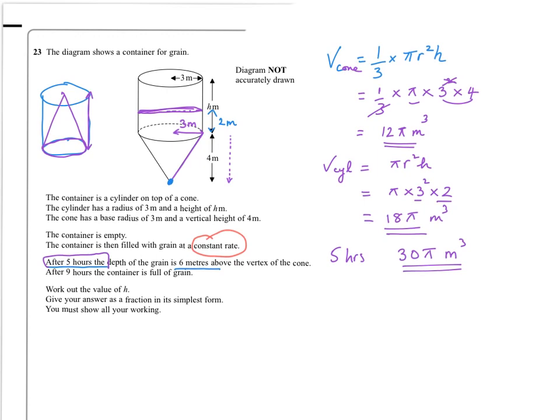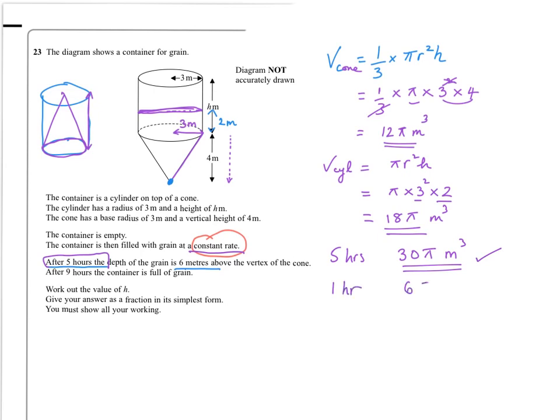Now, personally, I think it's not too bad now, because if you've got this constant rate, that means the sand is going in at the same rate, and that will be so many meter cubes per hour or minute or so on. Okay, but it's going to be constant, it's always going to be the same. So we know that in 5 hours it did 30 pi worth of volume. So that means in 1 hour it would have done 1/5 of that.